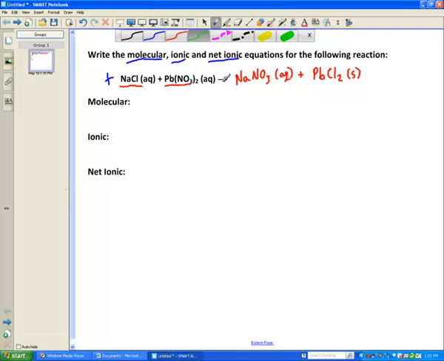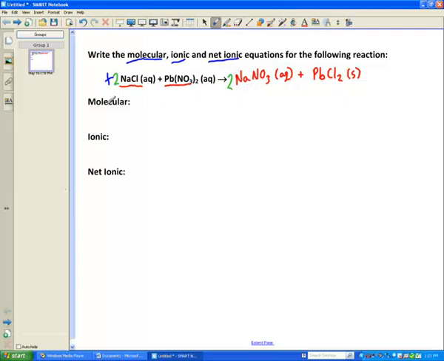So where should we start off? It doesn't really matter where we start. Let's start in sodium chloride. We've got one sodium, one chlorine, one sodium. I've got two chlorines here, so I can balance that by putting a 2 here. I also have two nitrates here and only one here, so if I put a 2 here, you'll actually see that everything is balanced. So that's my balanced equation.